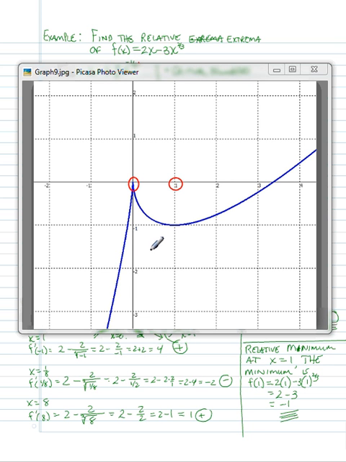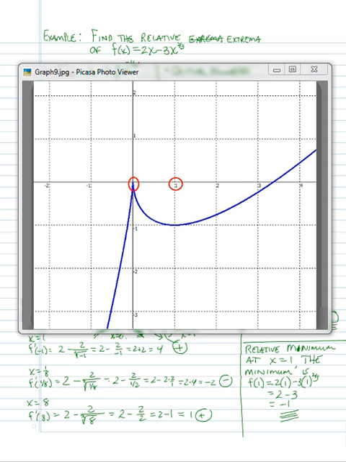A derivative is undefined where we have a pointed place on a graph, because what really happens there is the tangent line ends up being vertical. So the tangent line has a slope that's undefined, hence the derivative is undefined at that x value. But we see that at that x value, we do have a relative maximum because that's a high spot on the graph. And of course, the y value there is 0.